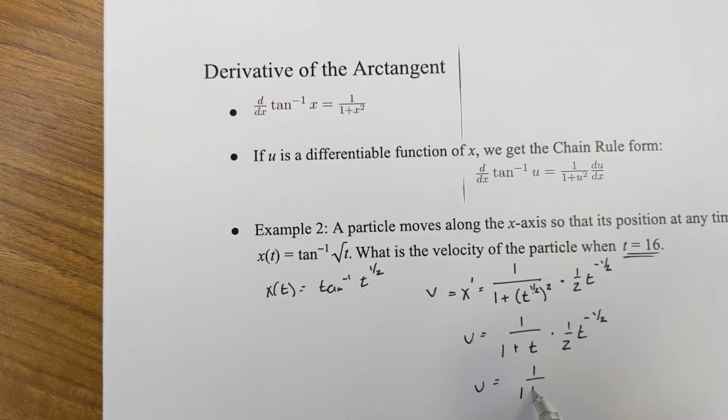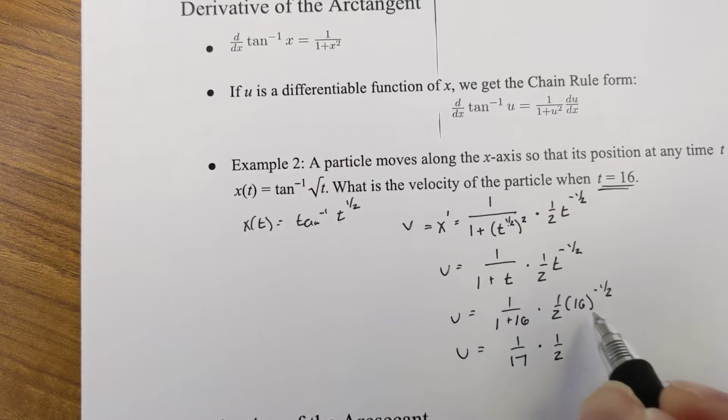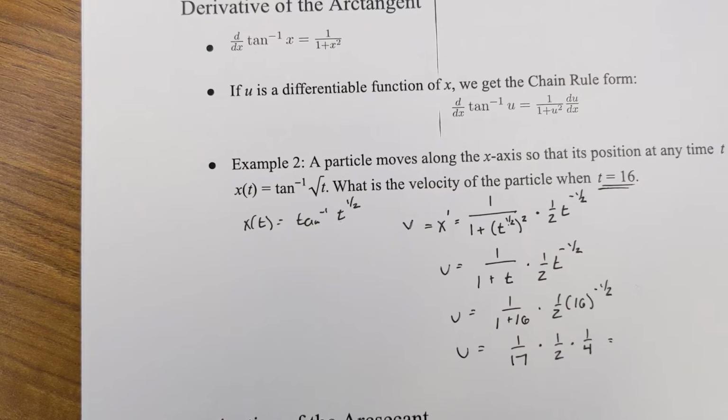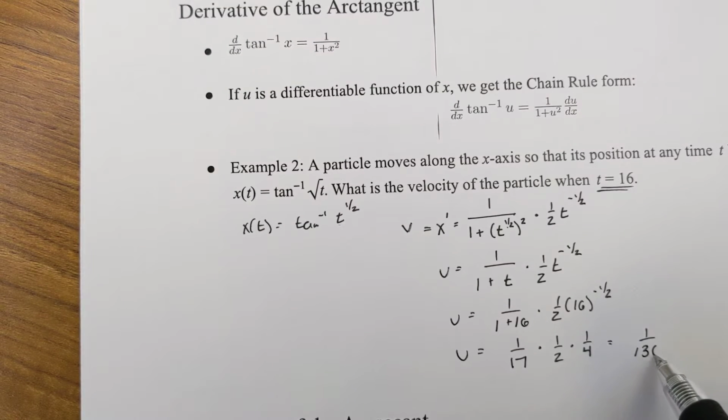So 1 over 1 plus 16 times 1/2, 16 to the -1/2. So v is 1 over 17 times 1/2. 16 to the -1/2 is actually 1/4. So it looks like this. So my velocity is whatever 1/17 times 1/2 times 1/4 is, which is 1 over 136.